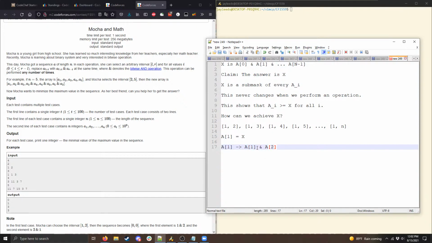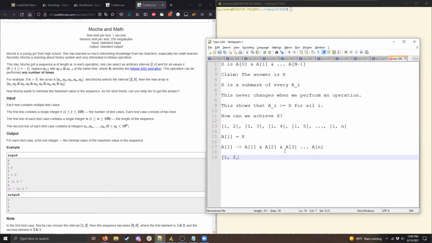Then when we do (1,3), we're going to AND the result with a of r minus 0, which is 3 minus 0, which is 3. So after performing (1,3), it's ANDed with a of 3. And so on, all the way up until we reach n. So now a of 1 equals x.